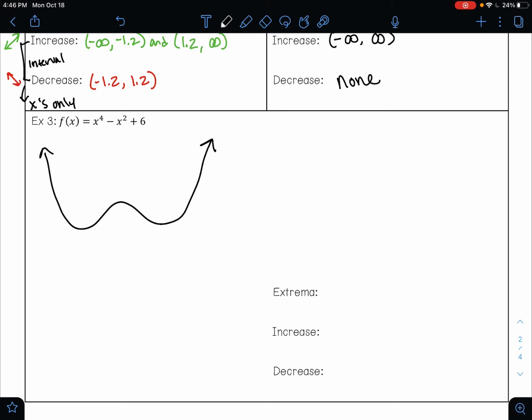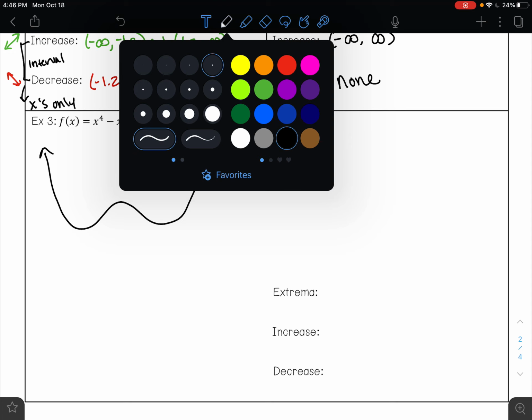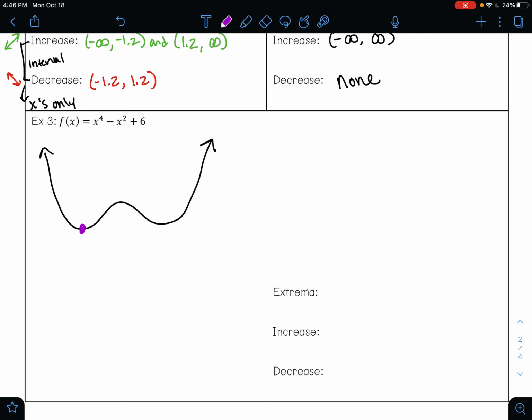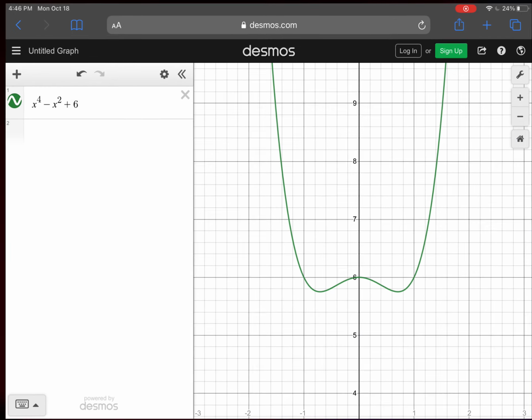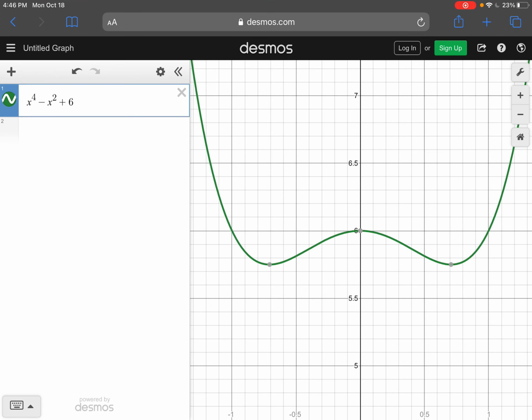So I can see that I'm going to have some extremas here, here, and here, right? So let's figure what those are. So this first one is the point, we're just going to always do it to the nearest tenth, so that's 1 decimal point.